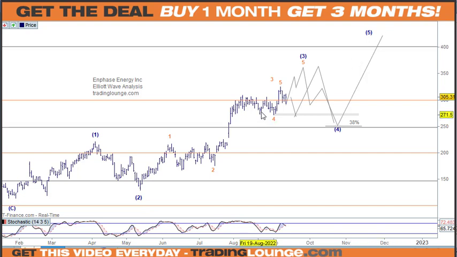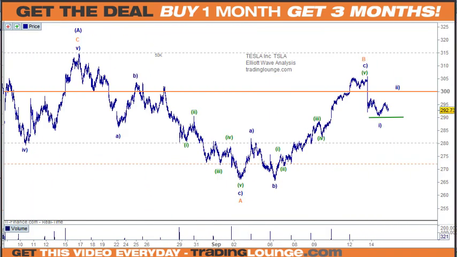I'll just double check this thing in here, because this has got a relationship to this wave 1 here rather than this wave 1. I can see that this is corrective, and it'll more likely come down. But anyway, we'll get to that.